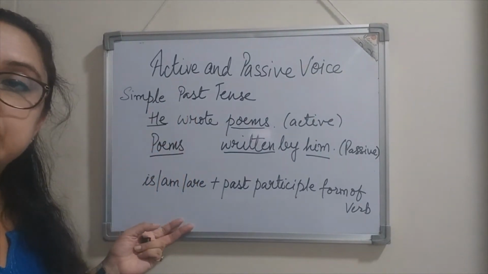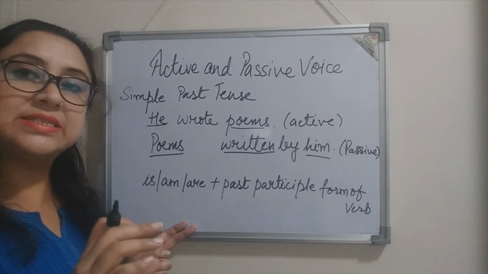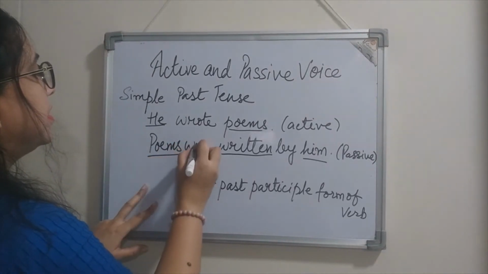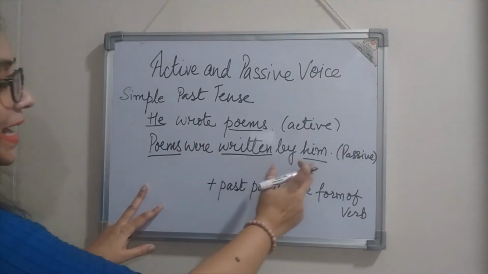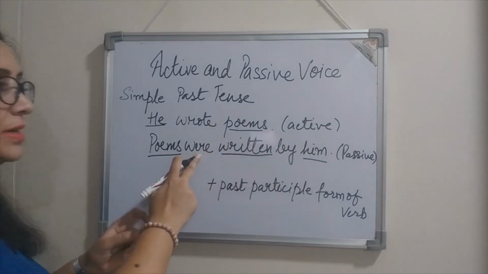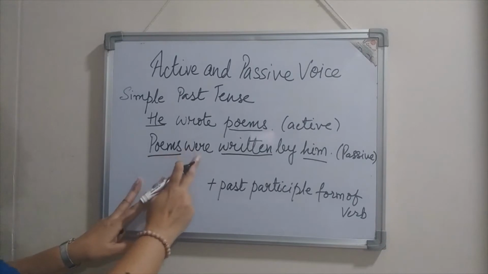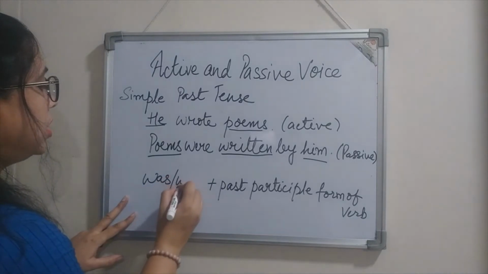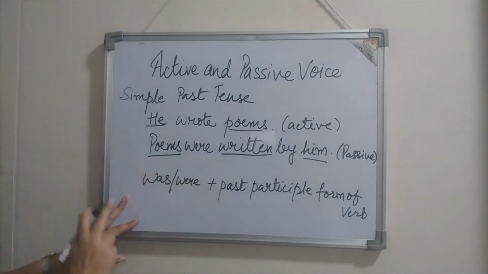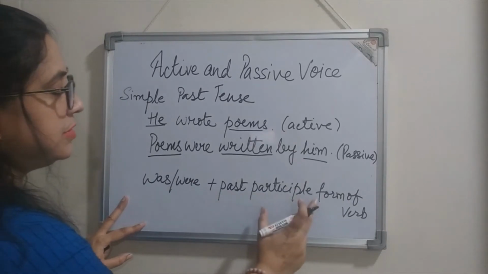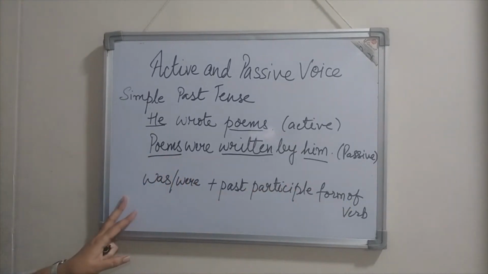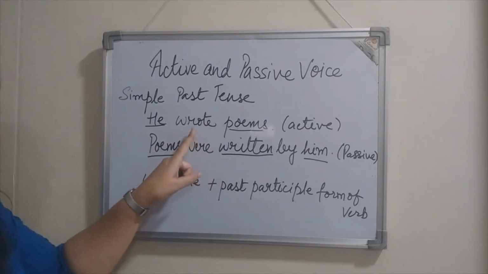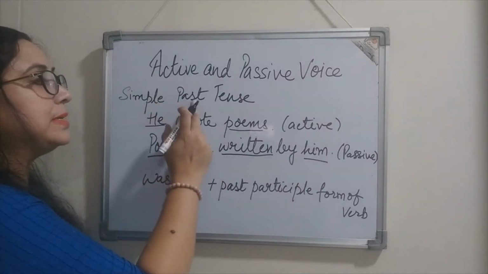So when changing it into passive voice, we'll simply change the helping verb. So: poems were written by him. Simply the helping verb changes. So what is the basic structure? Was or were depending upon the subject, plus the past participle form of the verb. So this is how we change sentences from active voice to passive voice when the verb is in simple past tense.